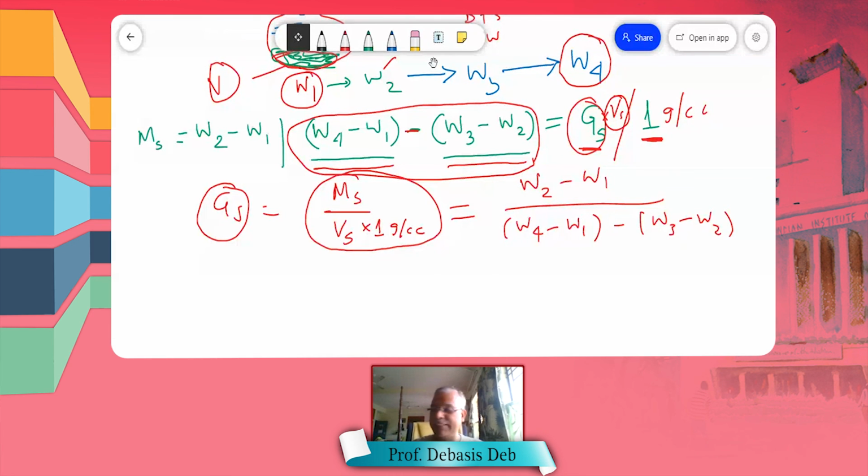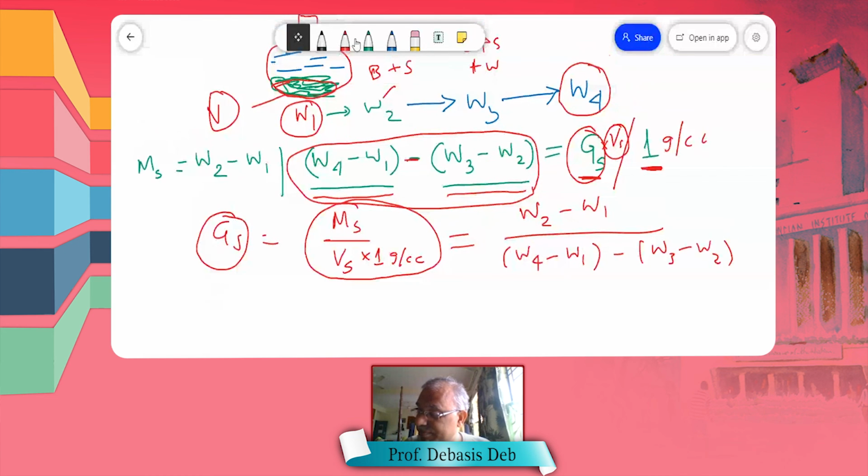The porosity is, because this is what I am looking for, 1 minus volume of solid by the total volume. If you recall, it is the volume of void by the total volume. Volume of void can be written as total volume minus volume of solid. So I can write it like this.